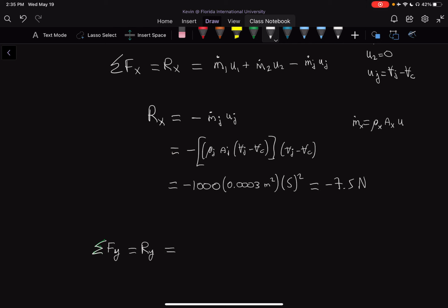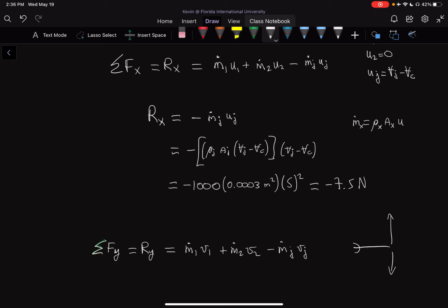And we know that there's no term with change in time because we have steady flow. So we can say that Ry is equal to m dot 1 v1 plus m dot 2 v2 minus m dot j vj. And we know that our system looks something like this.